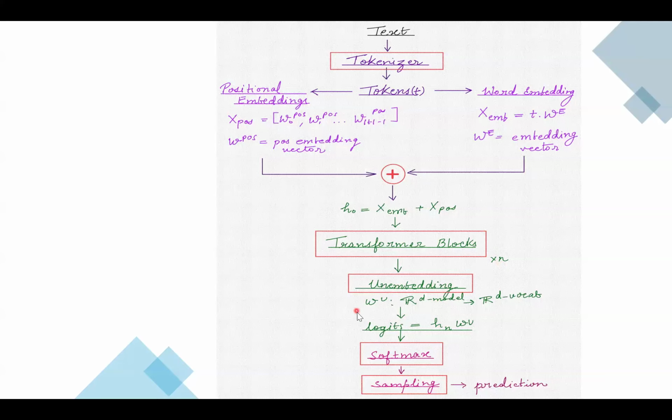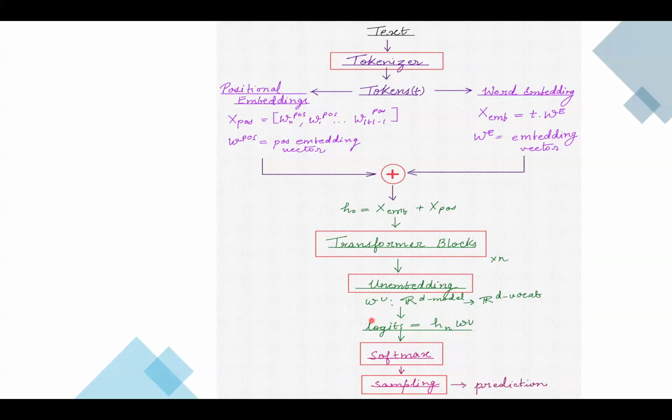Now we want to reproject this over the vocabulary because we want the prediction. The primary goal of the model is to generate a probability distribution over the vocabulary, and whichever token has the highest probability would be your next token prediction, right?